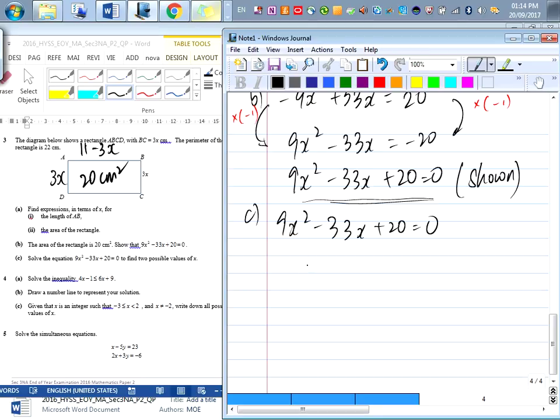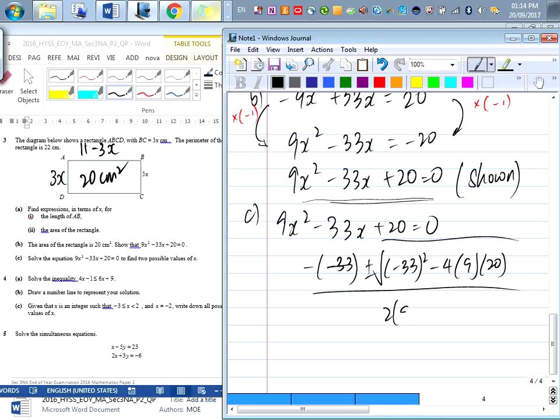So can I write minus negative 33 plus minus square root? Like that? Is this correct? What's wrong? Yeah, you must write down x equals to this. If you don't write that, then what are you doing?